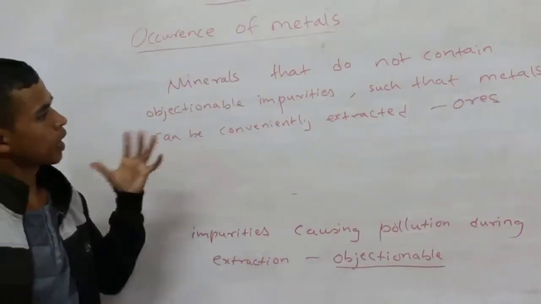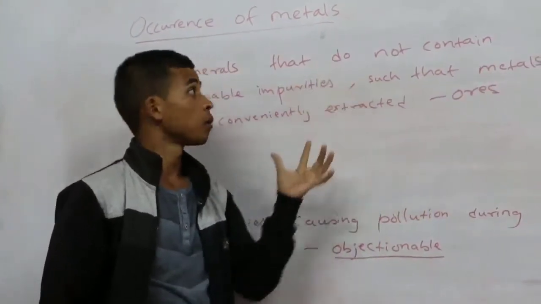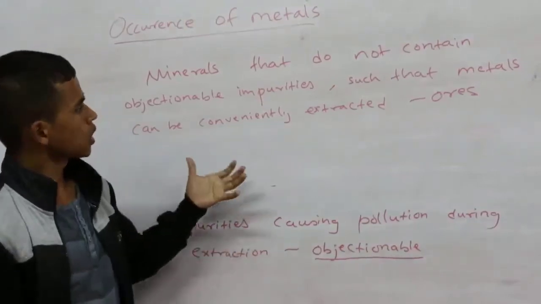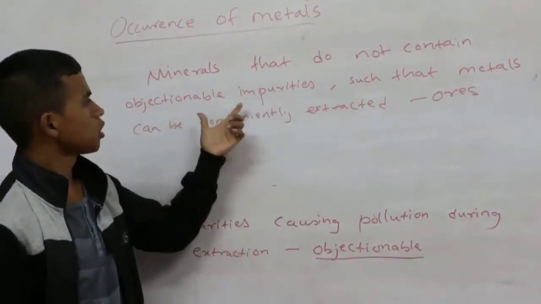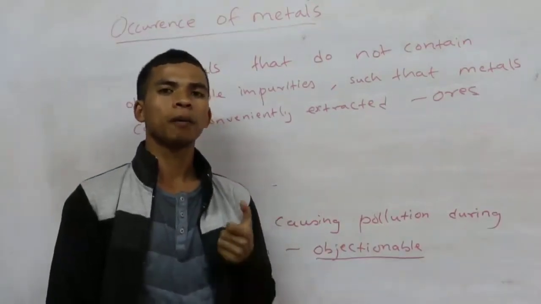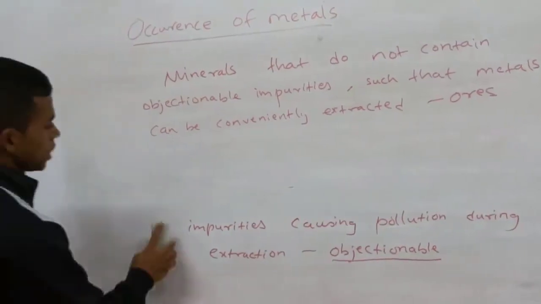So from here we can say that all ores are minerals, but all minerals are not ores. So ores, as they do not contain these objectionable impurities, contain a high percentage of metal.